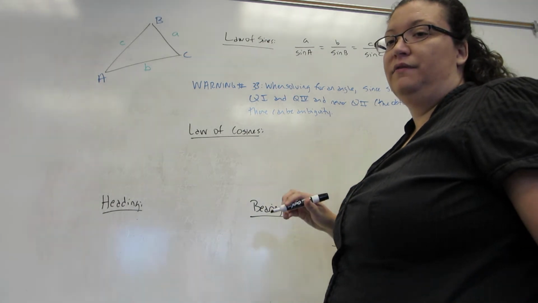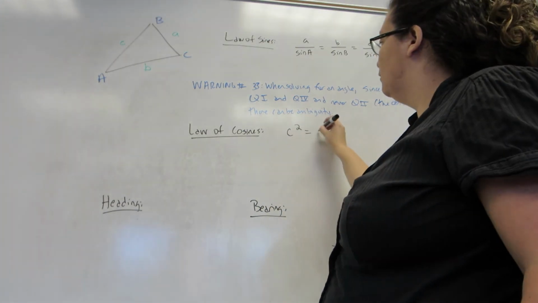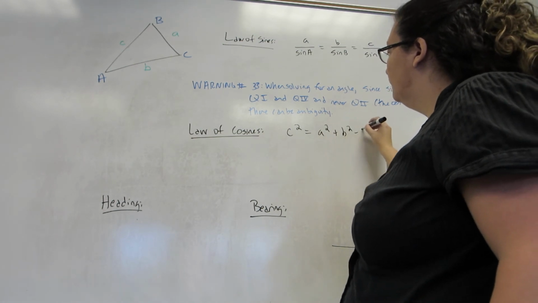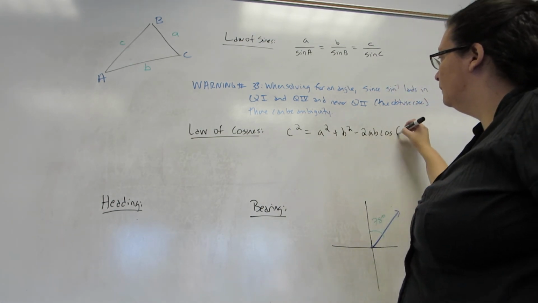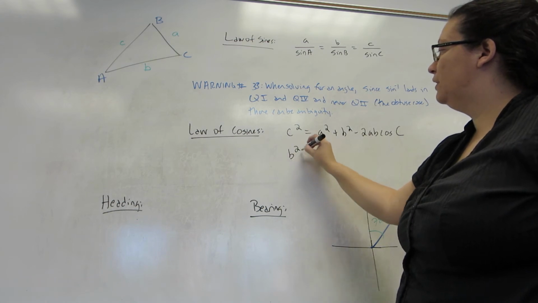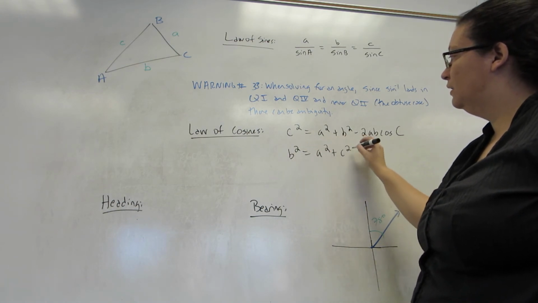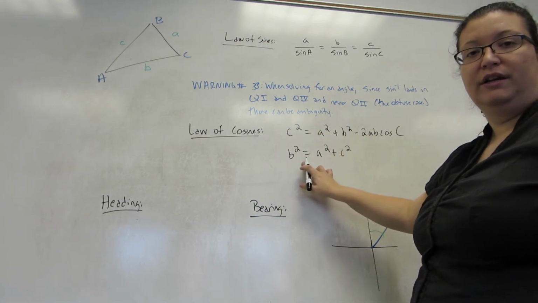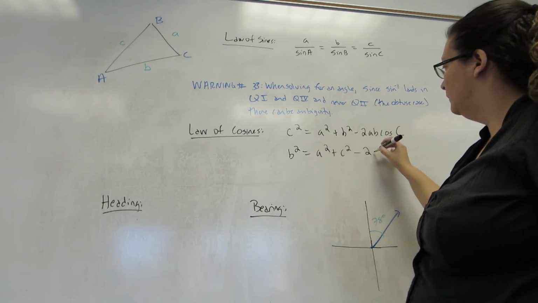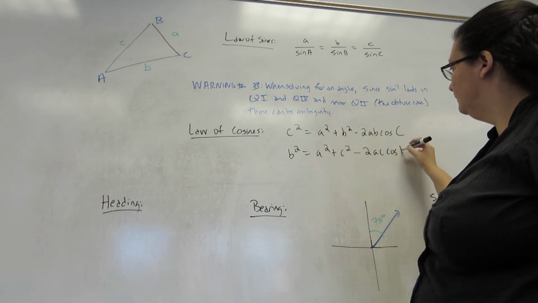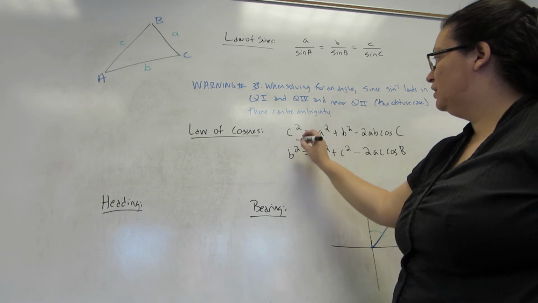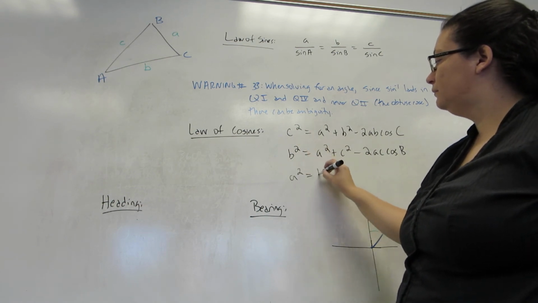The next one is the law of cosines. There's actually three versions of this. You'll notice that all I'm really doing from here to here is changing all the places of the B's and C's. And from here to here, I'm changing the C's and the A's.